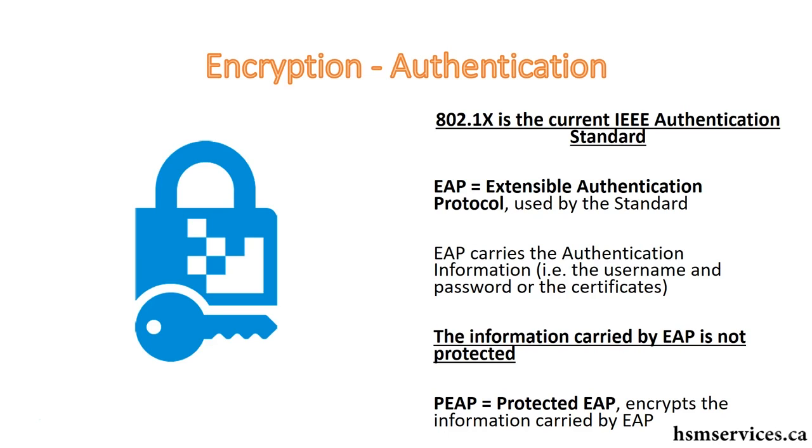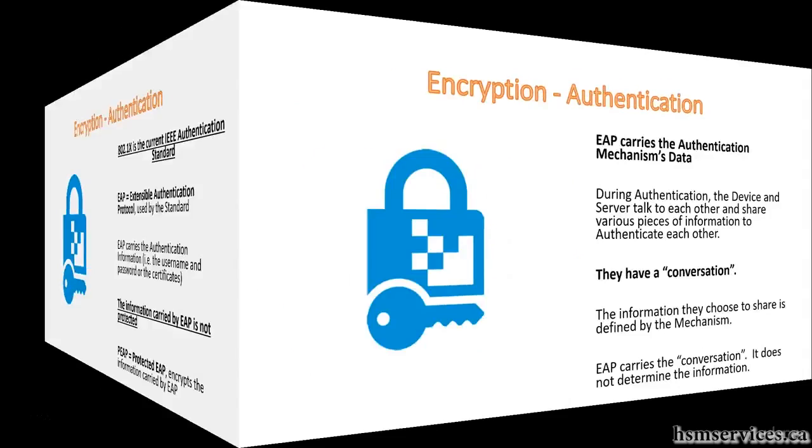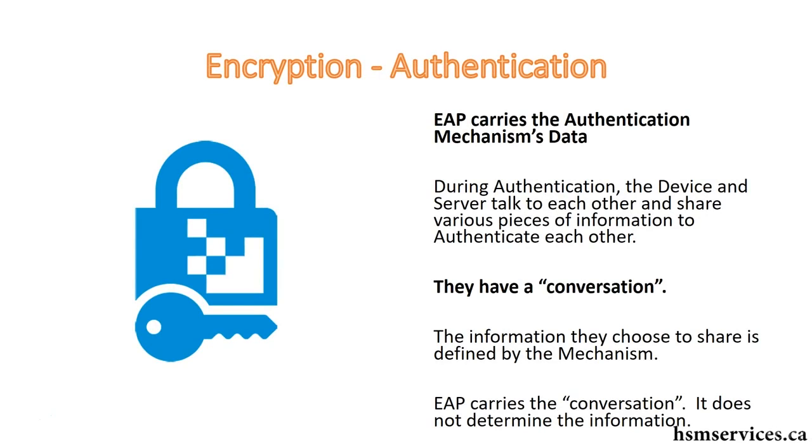But EAP doesn't encrypt some of that information, so they came out with PEAP, which is Protected EAP, and it encrypts the information that EAP carries. So I need to again emphasize that EAP is just the transportation mechanism. It's not the mechanism itself.